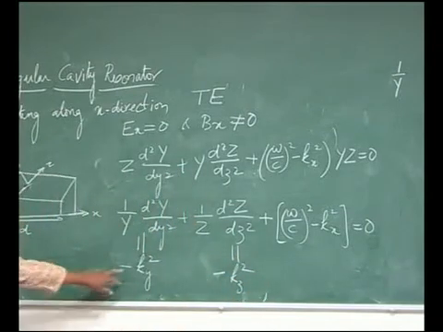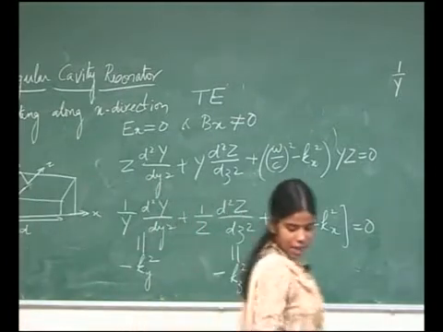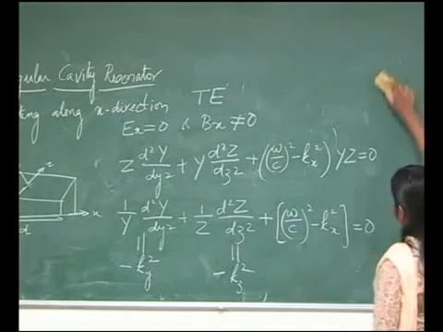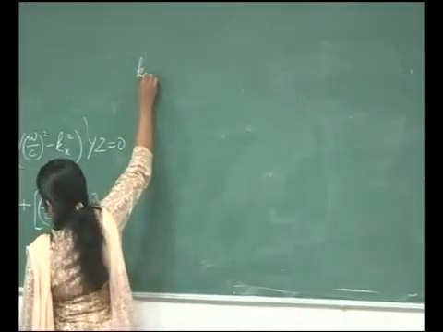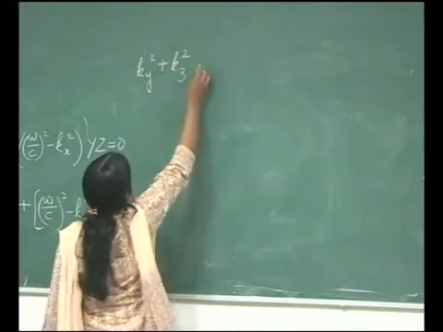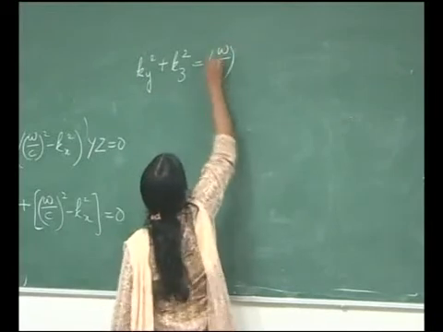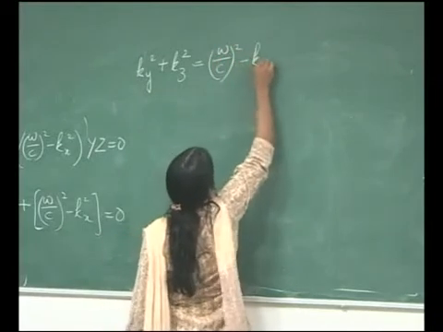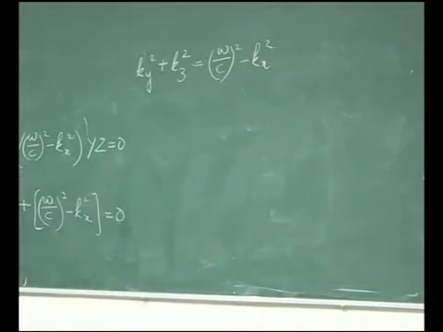Okay, this part is minus ky square, this part is minus kz square. Then I can straight away write that ky square plus kz square is equal to omega by c whole square minus kx square. Is it okay?